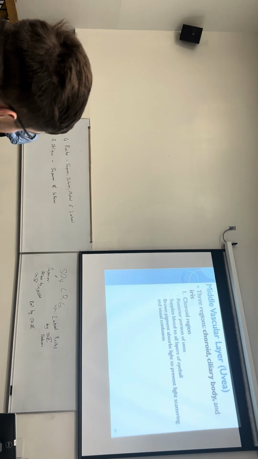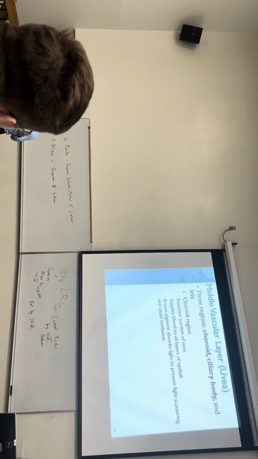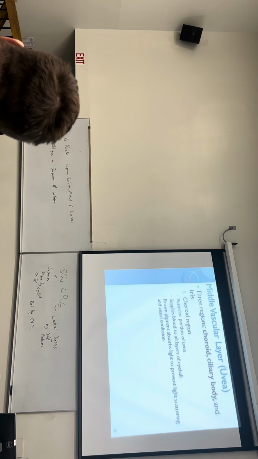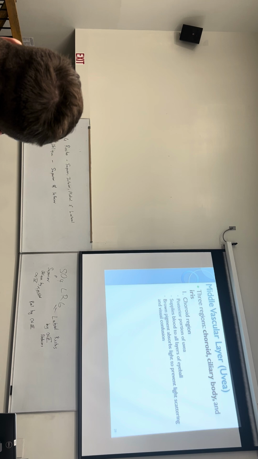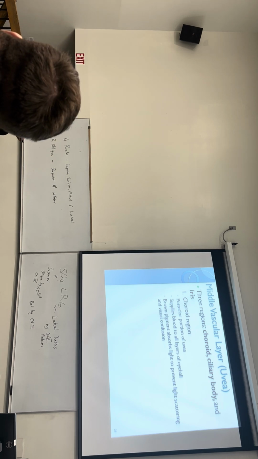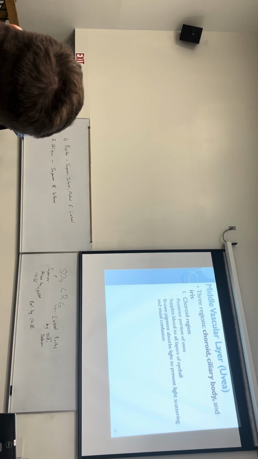So the choroid is the middle layer on the posterior side. It has a very rich blood supply, so it's going to supply itself, the sclera, and also nutrition to the retina. Okay? So it supplies all 3 layers with blood.